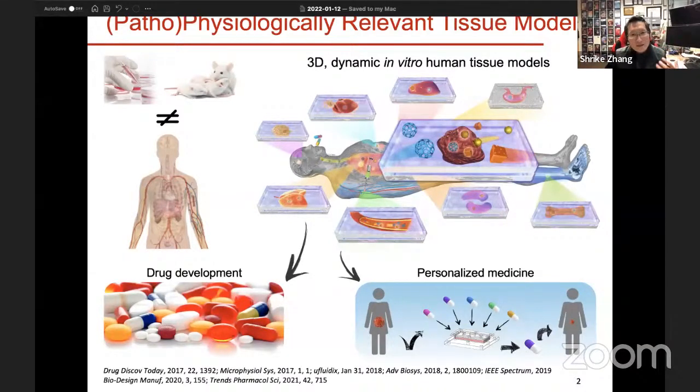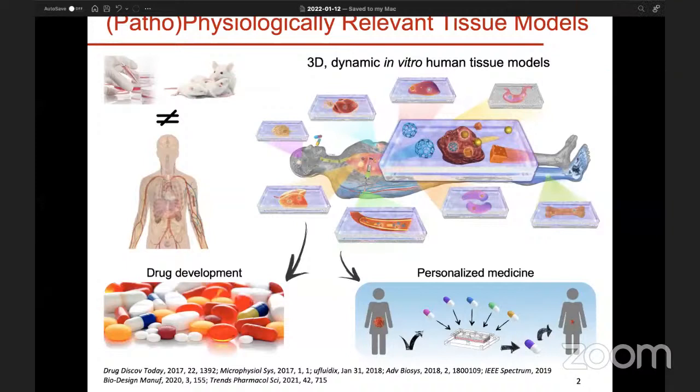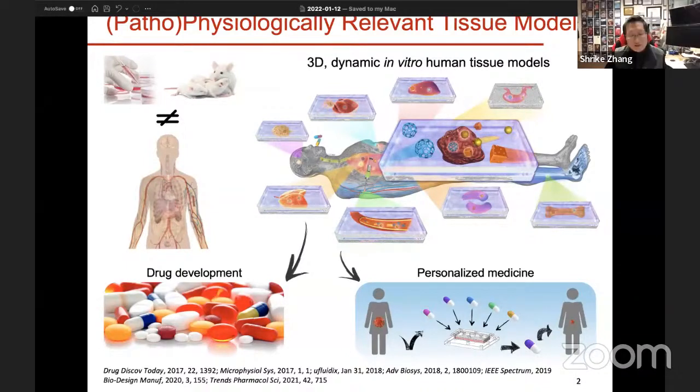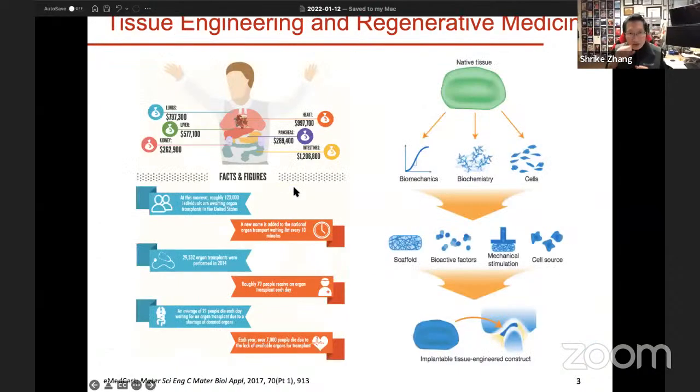With that configuration, you can start to develop drugs in a better way, or if you combine those further with cells that are coming from different donors or patients, you can start to also do personalized medicine, including personalized screening of the therapeutics for individual patients, depending on these scenarios as well.